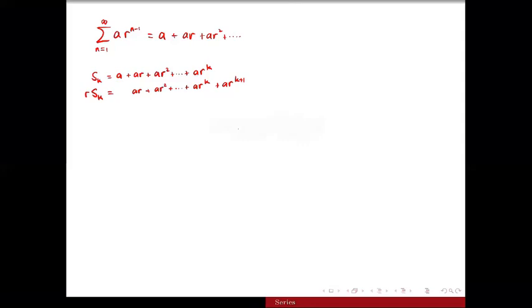And then what we're going to do is subtract S sub k minus r S sub k. If we subtract that, notice this will cancel this. This will cancel this. This guy here will cancel this. What will remain is a minus a r raised to k plus 1.